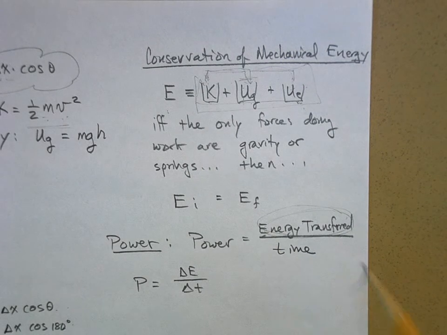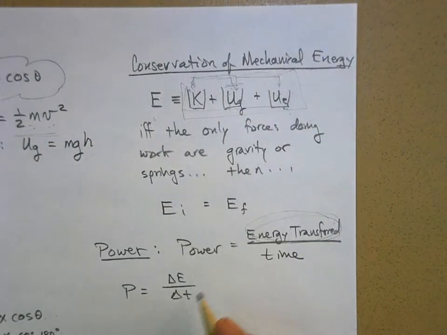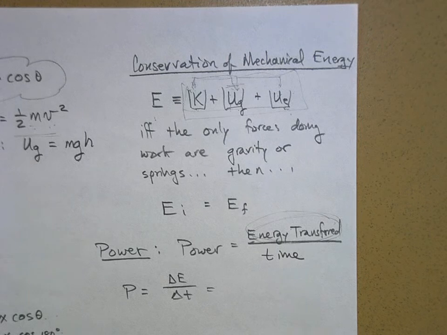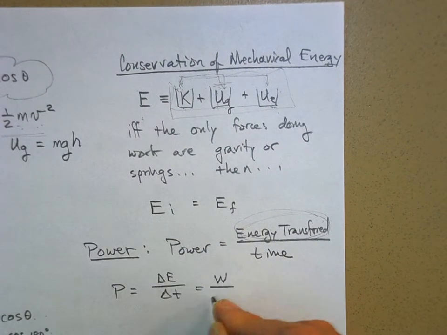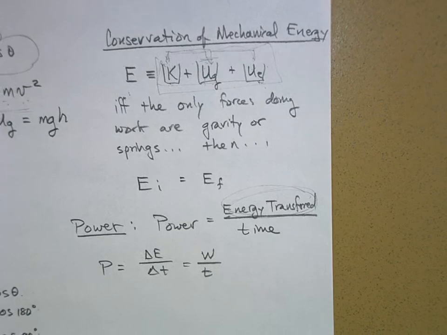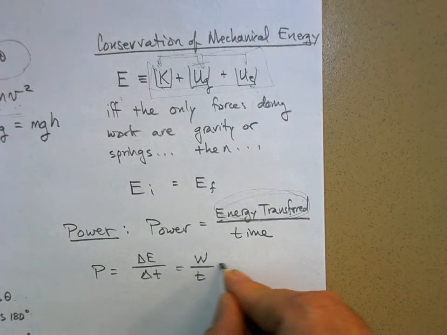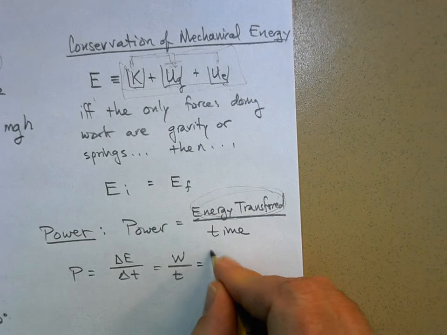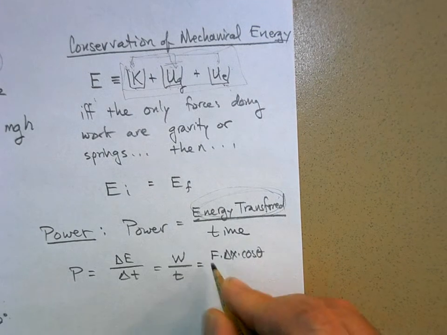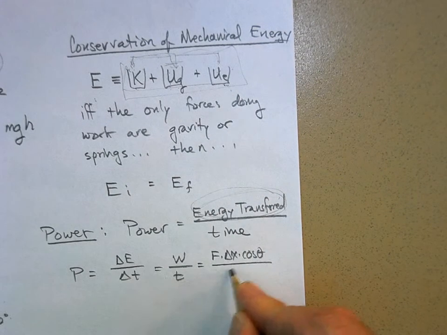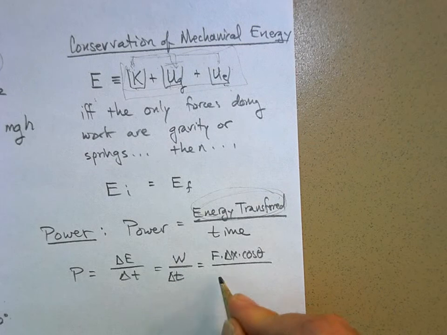What's the only really computational way we know to transfer energy is work. So this transfer of energy is really work over time. But work is force times displacement times the cosine of theta, over delta t.